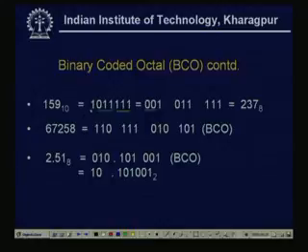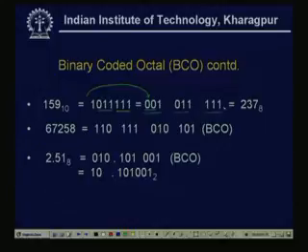So, I can put 2 zeros here, because inserting 0 in the leading position does not affect the value. So, grouping in 3 bits, this is 0 0 1, this is 0 1 1, this is 1 1 1.